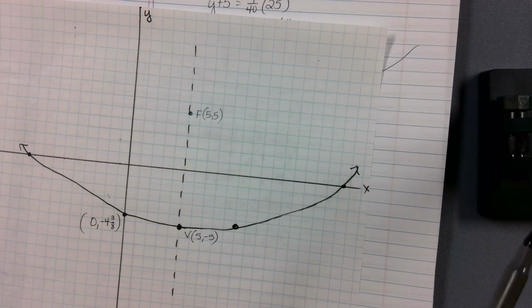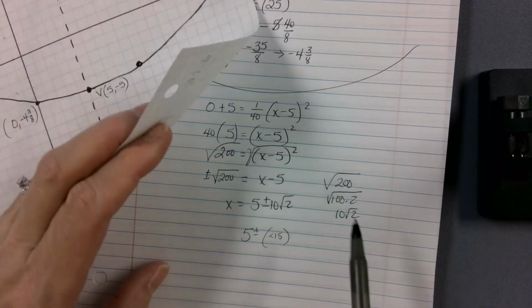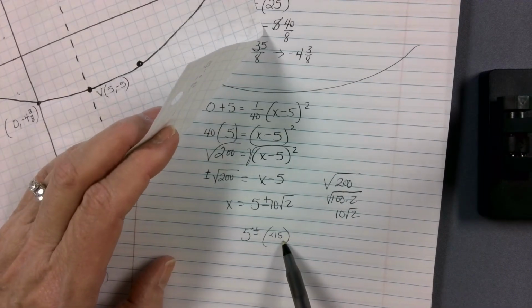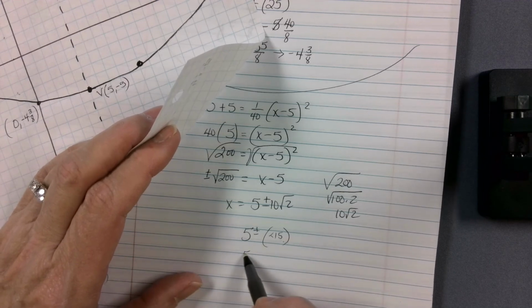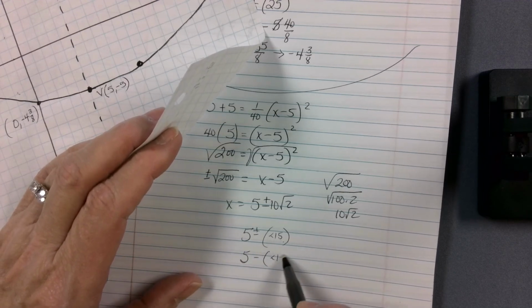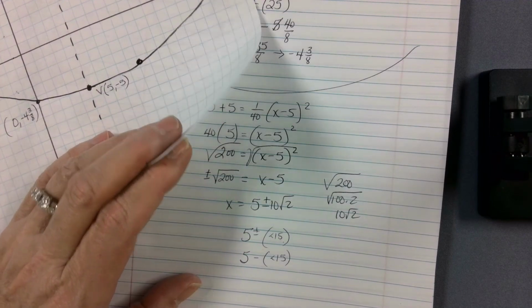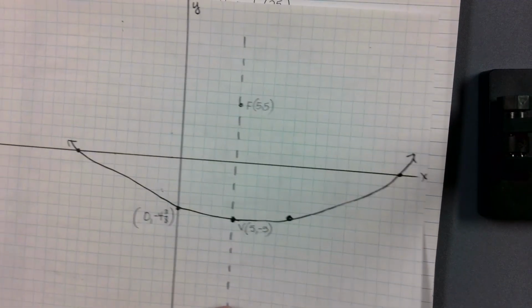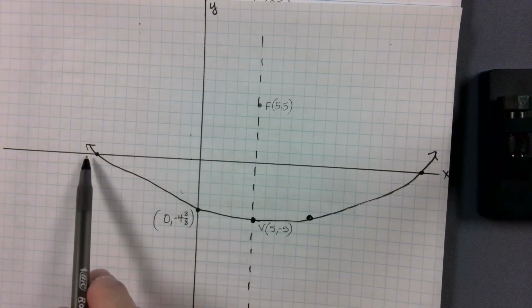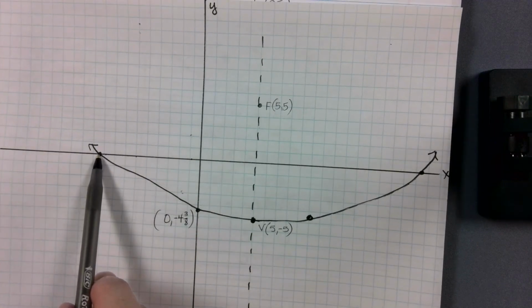Right, because it's a little bit less than 15 that we're adding to 5. And if we have 5 minus something that's a little bit less than 15, well, if it was 15, it'd be negative 10, right? So it's going to be a little bit less than that. So come over there and come back a little bit and make a point.